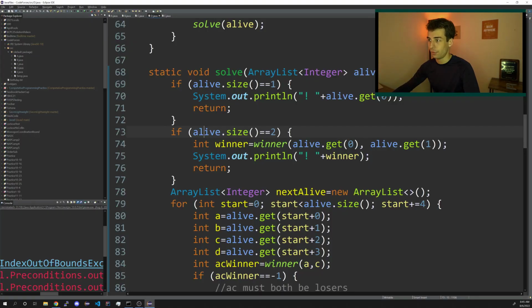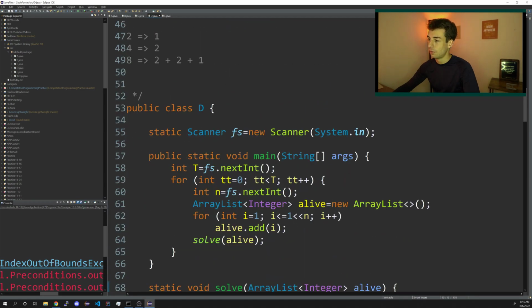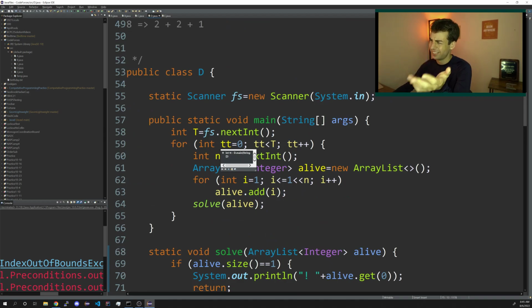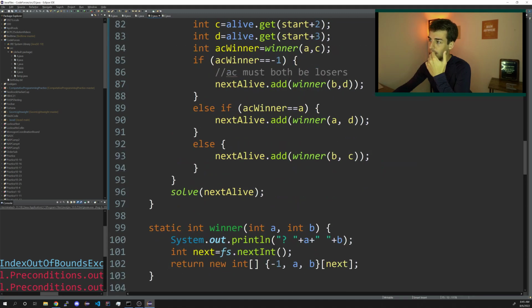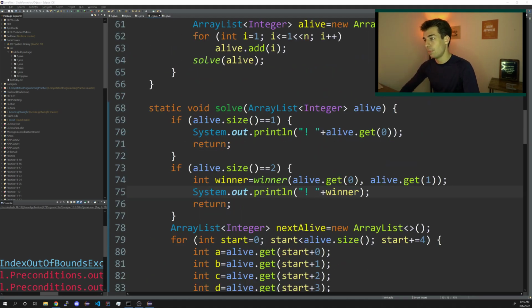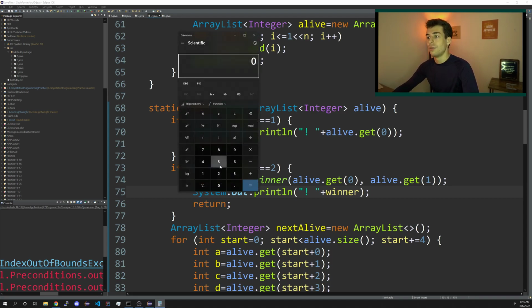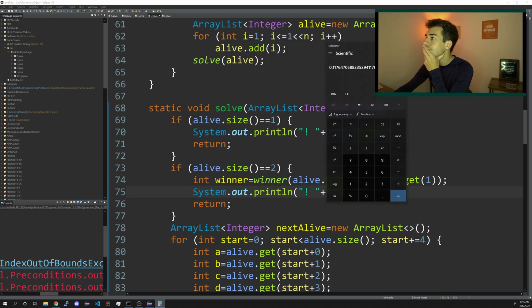How though? It's order n. Is that an output size thing? 2 to the 17. Nope. 2 to the 17.